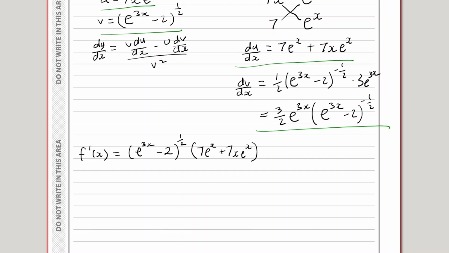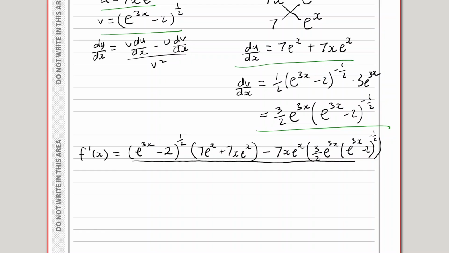So v du/dx minus u, 7x e^x, times dv/dx, which is 3 over 2 e^(3x) times (e^(3x) minus 2) to the power of minus a half, all over v squared, which is e^(3x) minus 2. So it was square rooted, so when we square it, it just becomes the bracket, e^(3x) minus 2. So that's the gradient function.